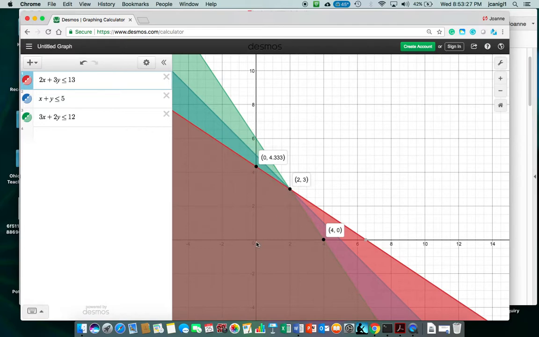And again, 0, 0 is one of those points also. But as you can see, 0, 0 won't give you a maximum. In our particular function, we're looking for a maximum from the objective function. And it turns out that the maximum point is going to be 2, 3.